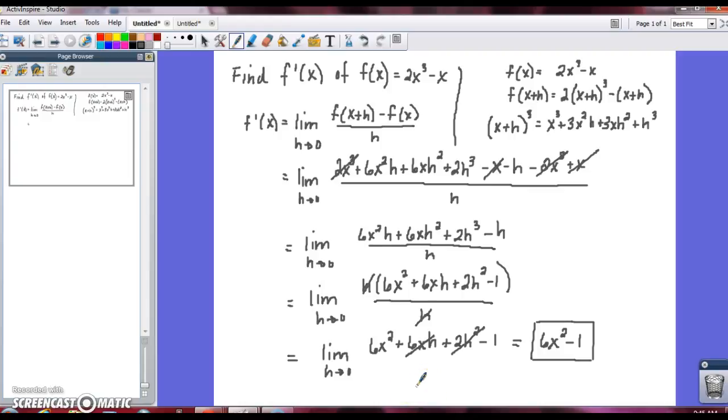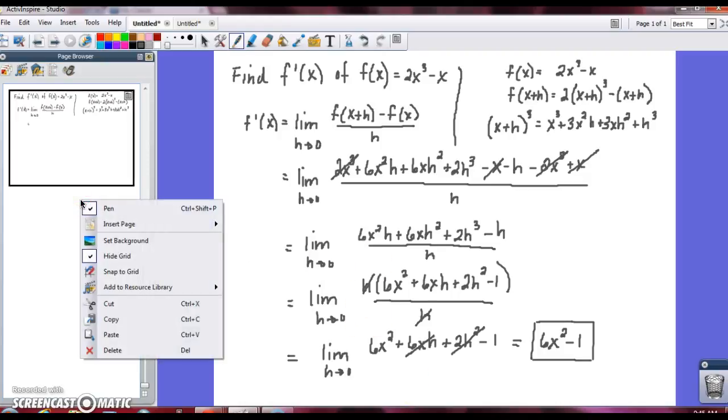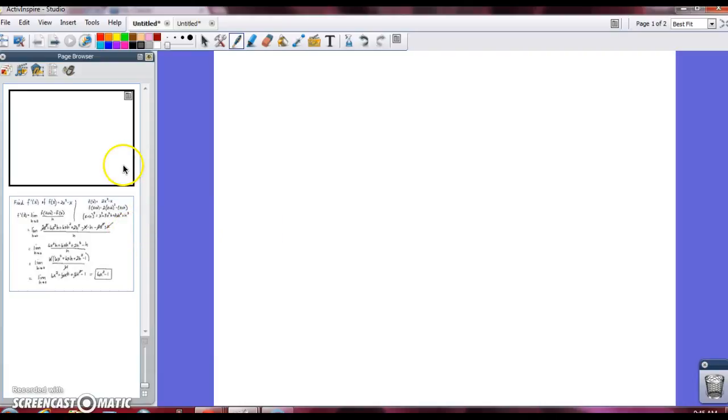That is my formula for the slope. And so now, if I wanted to, I could find the equation of a tangent line to that function at a point. Okay, so our derivative was, right, f prime of x, our derivative was 6x squared minus 1. And so let's say I want to find the equation.